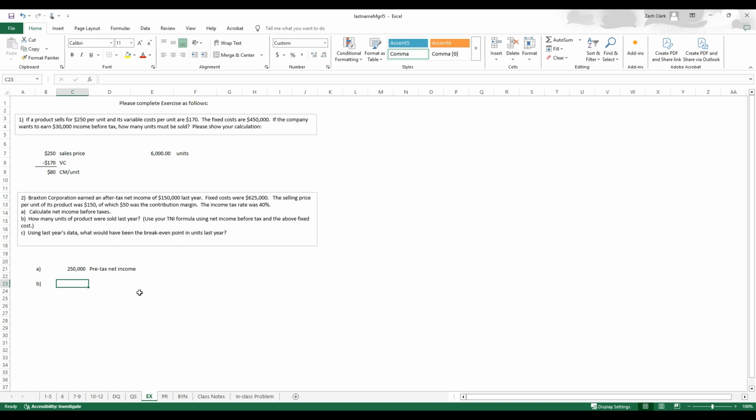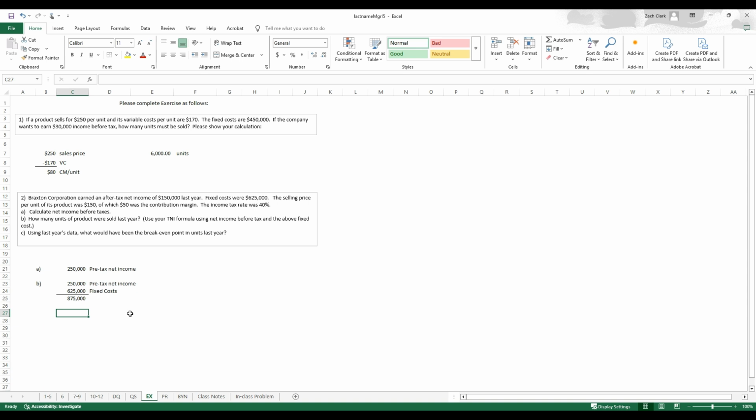So pre-tax plus the fixed cost, it says, of 625,000. This is fixed costs. So 875,000 is our total there.